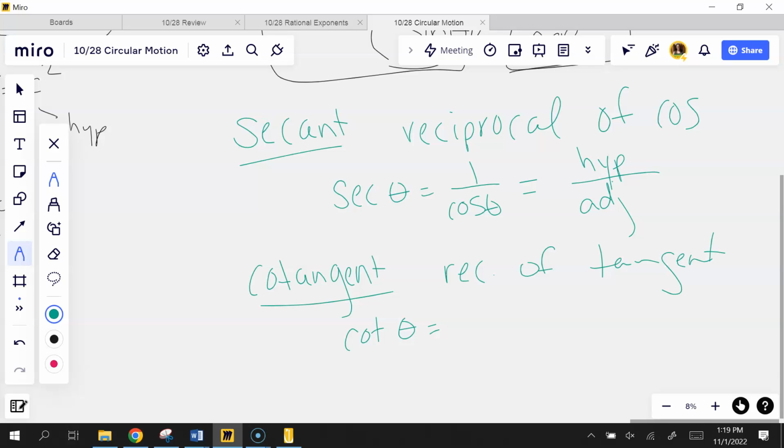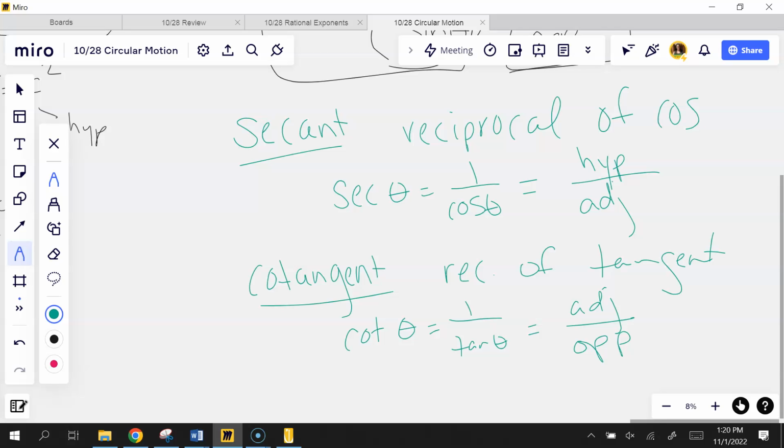You have sine, cosine, and tangent, so you'd have to do 1 divided by those on your calculator, but we'll get to calculator ones later. 1 over tan, which is adjacent over opposite. Still okay? Let's put it all into play.